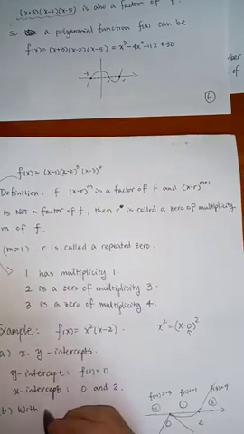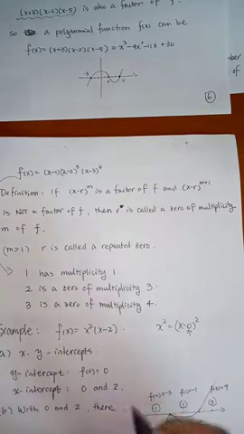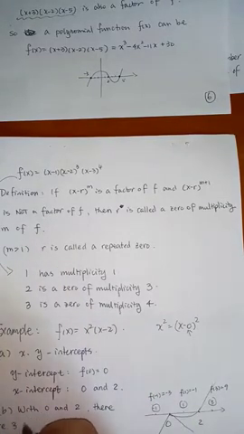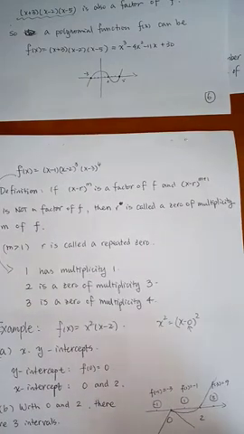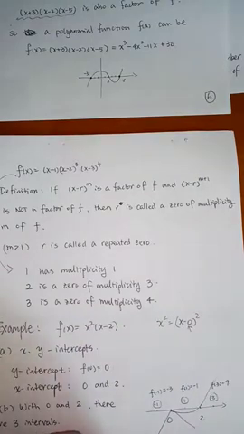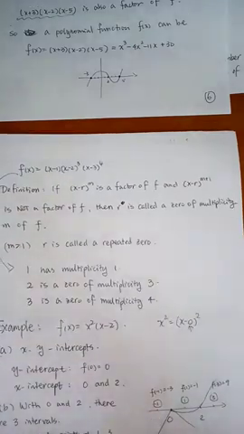With 0 and 2, there are 3 intervals, and you can just pick a sample point from each: -1, 1, and 3. You cannot select 0 and 2 themselves; you have to select some point inside the interval.